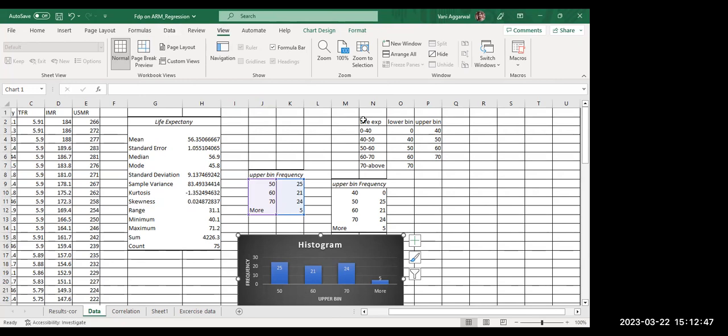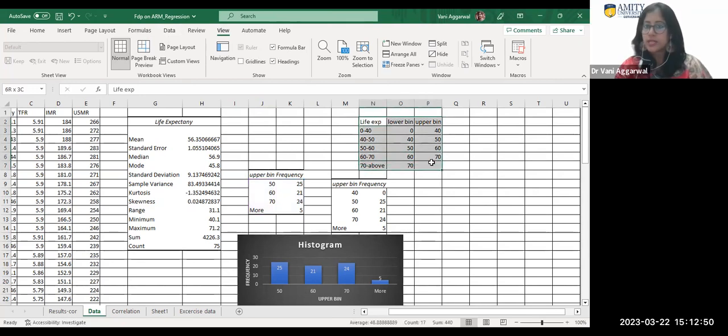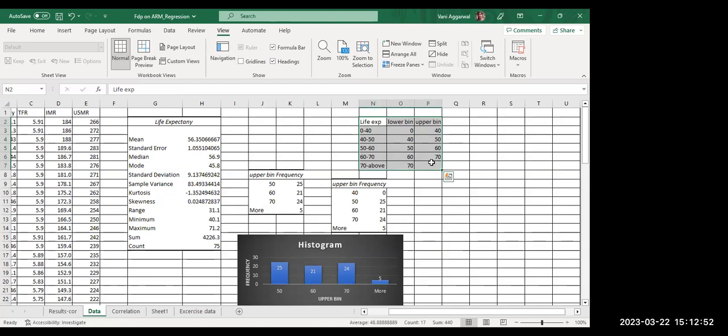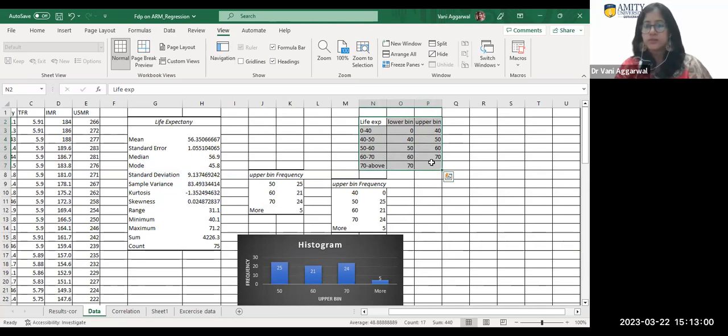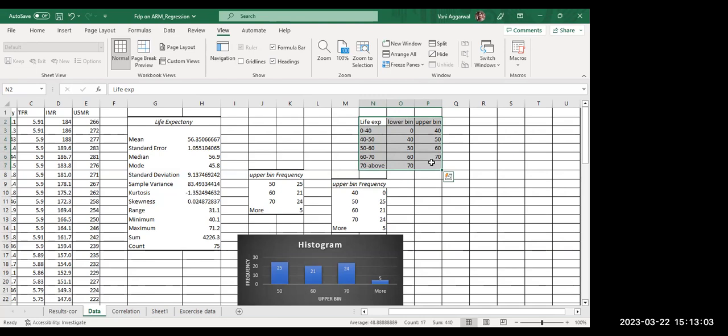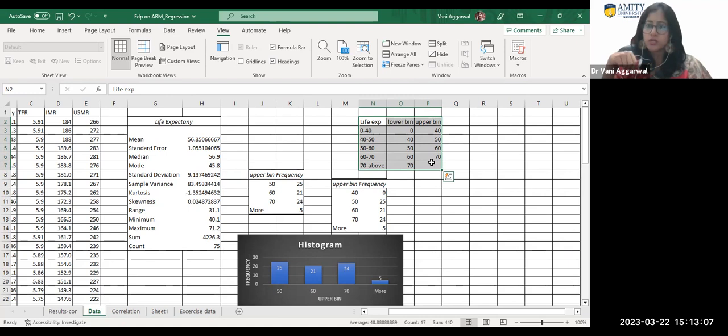You have created this table, right? Lower bin, upper bin. Yes, I have created the table. Then I click the output range and all, but I'm not getting the histogram graph. Did you click on chart output? Yes.